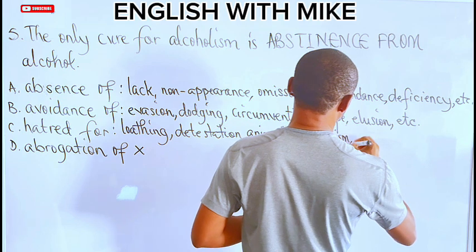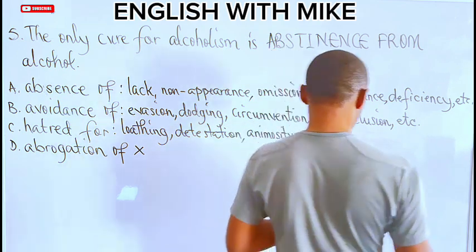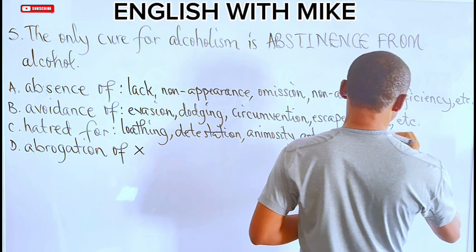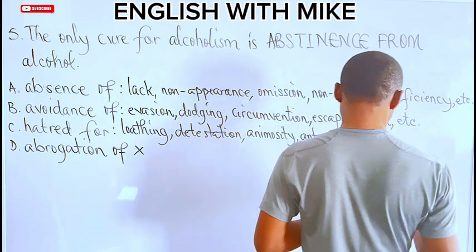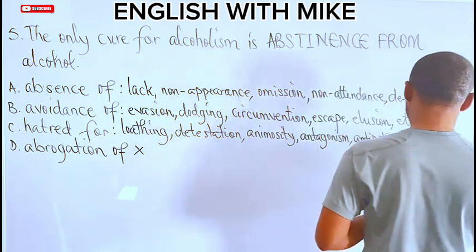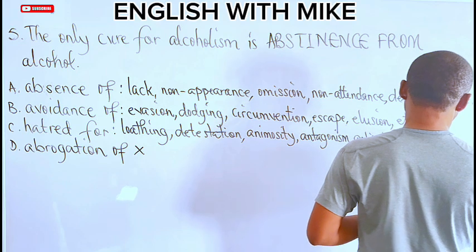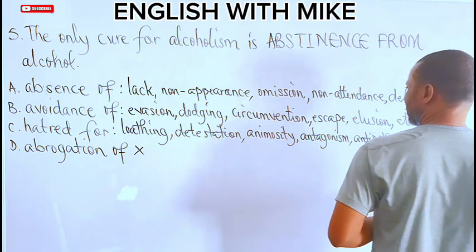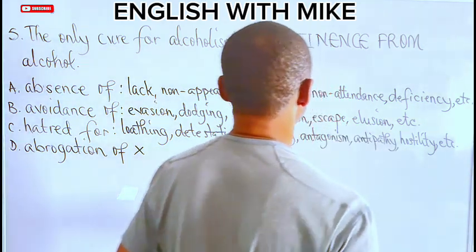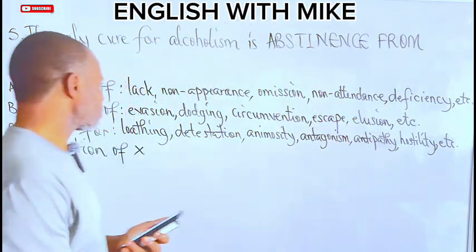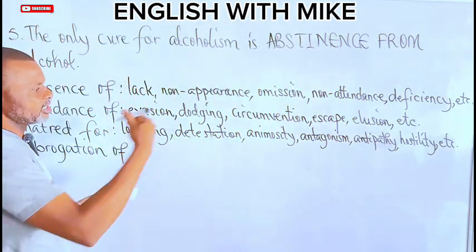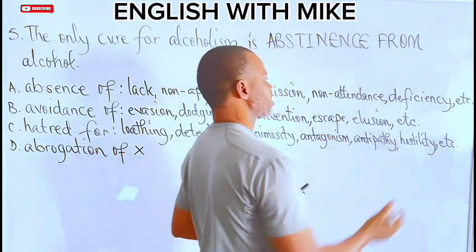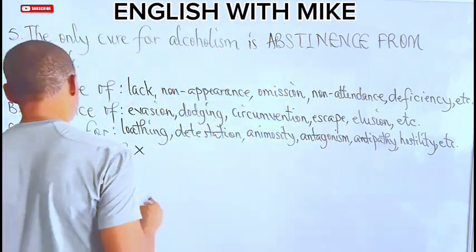Antagonism is also hatred, that is antipathy. Hatred is antipathy, and antipathy is hostility. A hatred for something or some form of enmity, if you like, enmity. Okay, so a loathing, a detestation, an animosity, antagonism, antipathy, or hostility for something, etc.